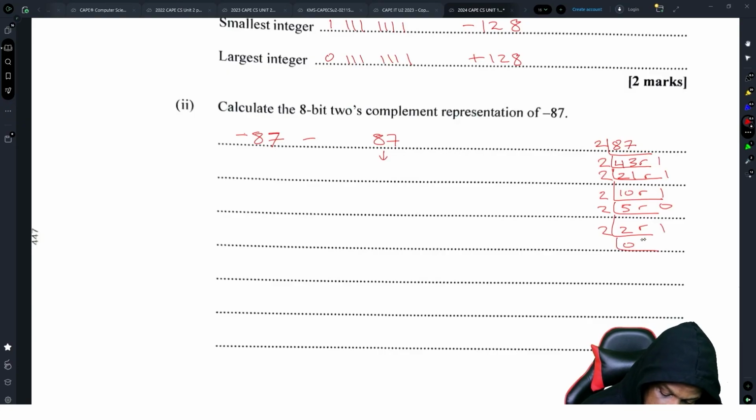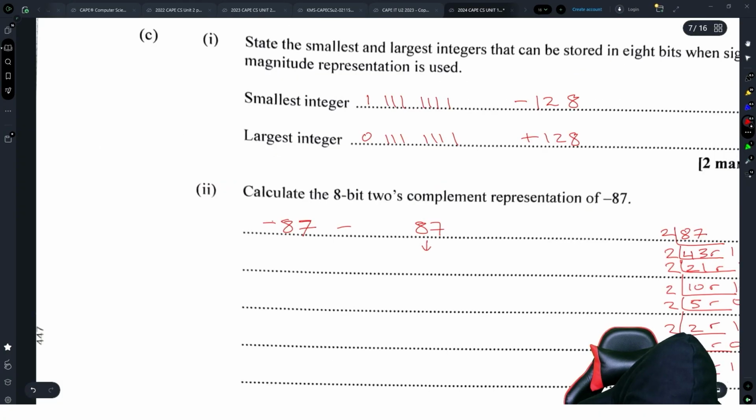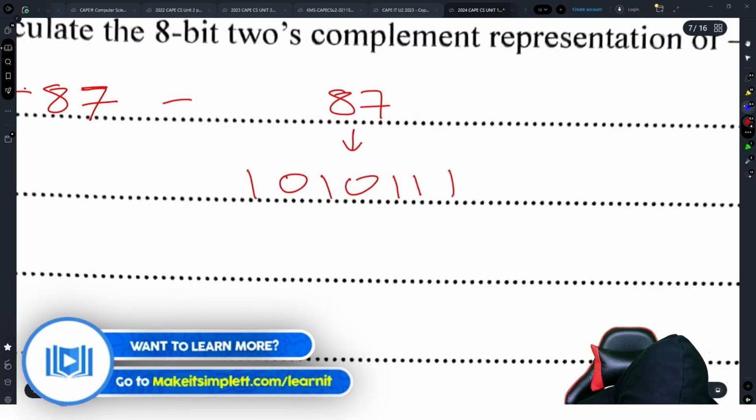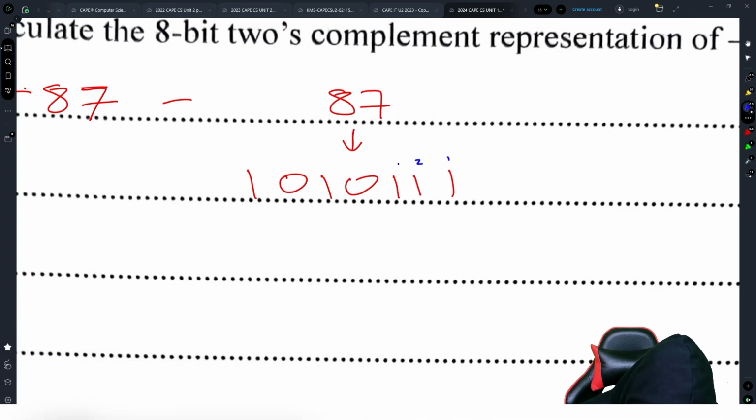So I'm supposed to get 1 0 1 0 1 1 1. Let me check: 1 plus 2 plus 4 plus 16 plus 64 is 87. Yes, that's 87.